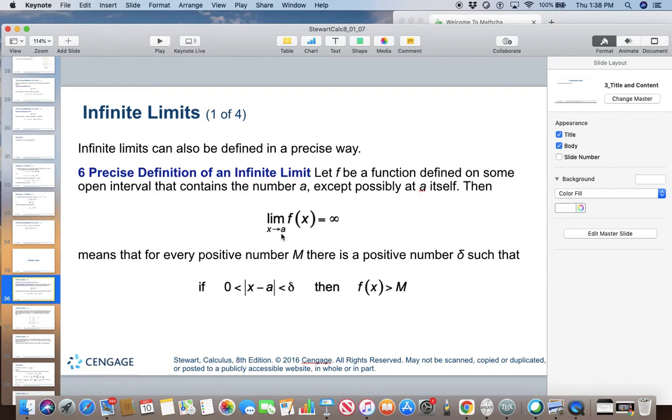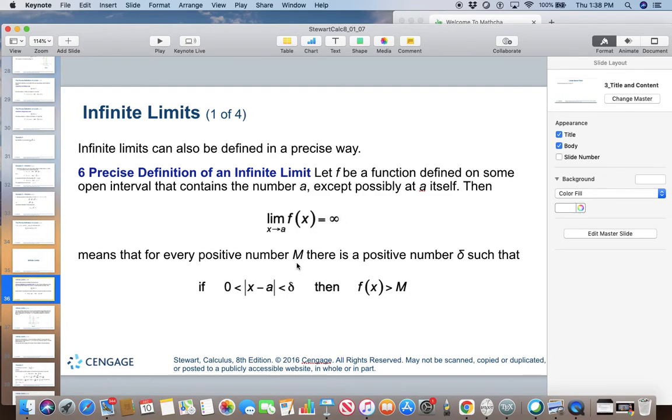Then the limit as x approaches a of f(x) is infinity means that for every positive number M, there is a positive number delta such that if the distance between x and a is less than delta, then the value f(x) is greater than M. Look, I'm going to positive infinity.